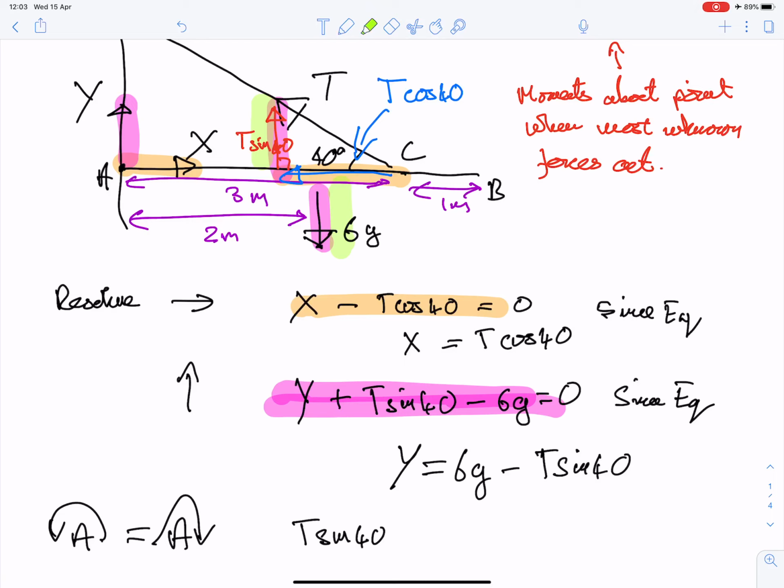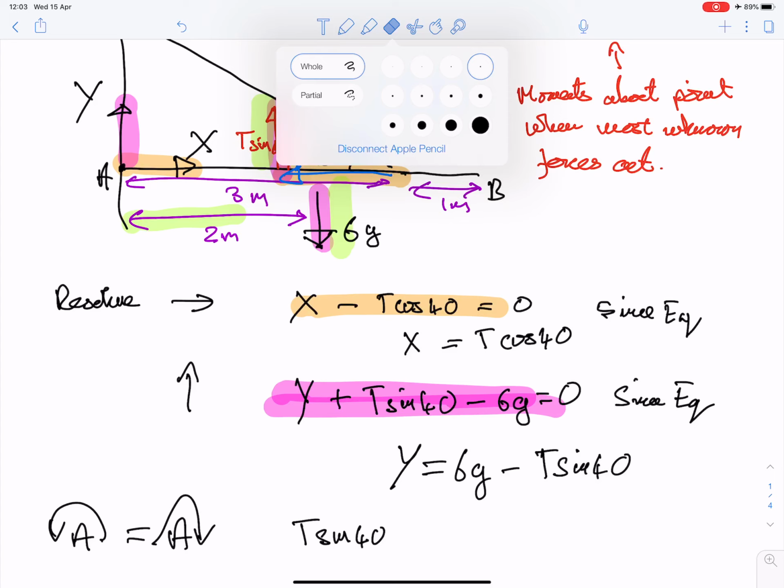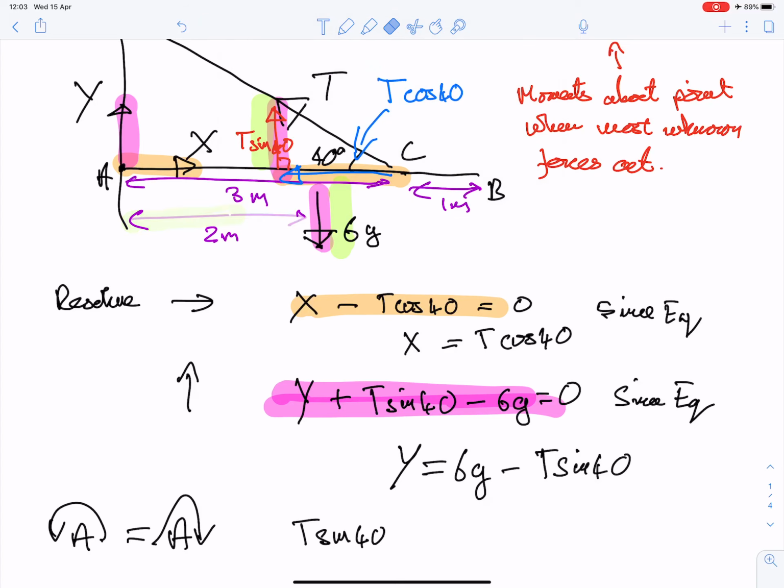We're going to have our anti-clockwise component about A, which is our force. Here, that's going to have a turning effect. And the other one that's going to have a turning effect is the 6G.